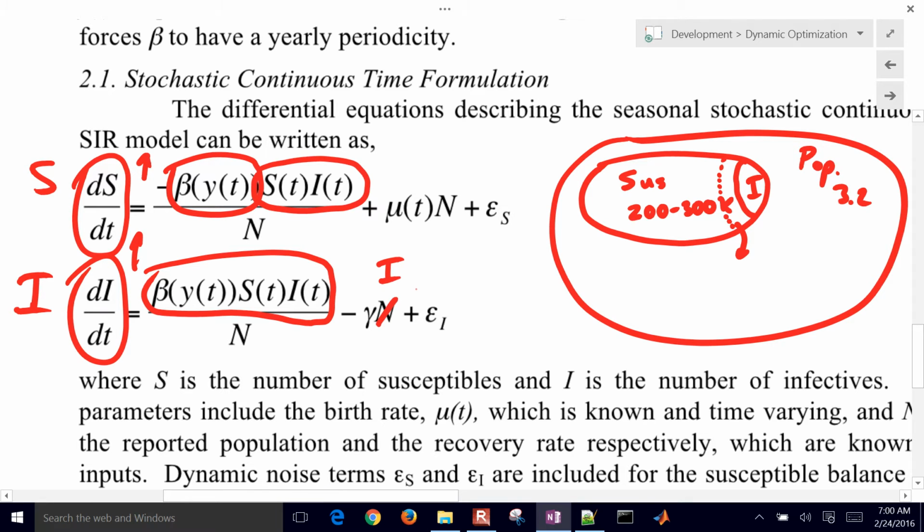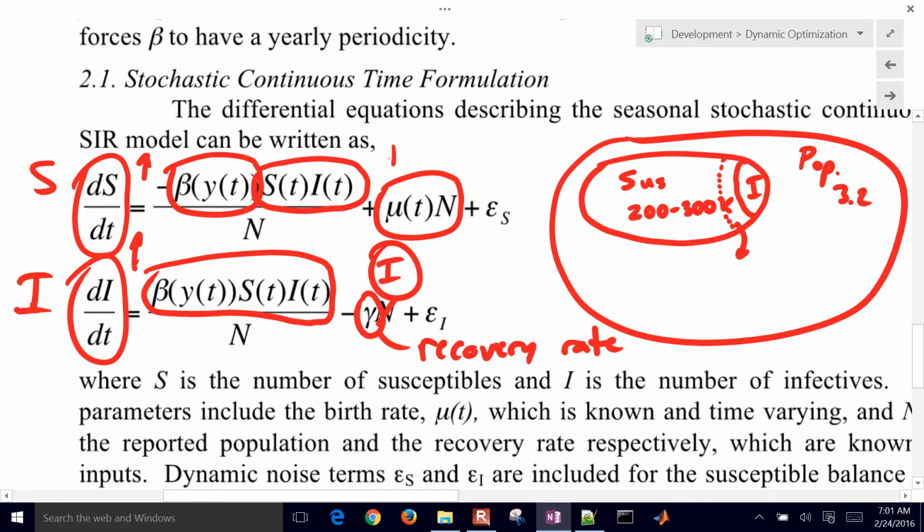Gamma is a recovery rate, and that is dependent on how many infectives we have. This is a positive here, so that's going to cause our number of susceptibles to increase.